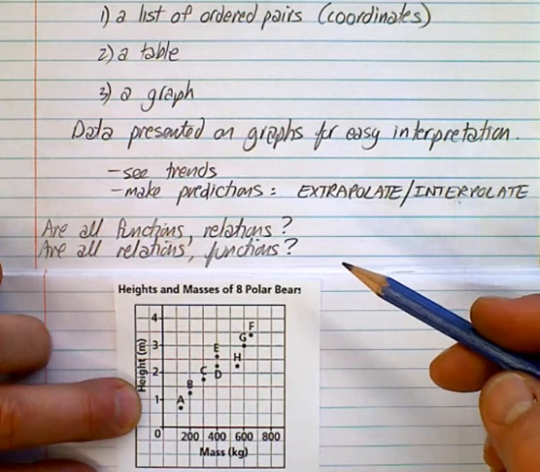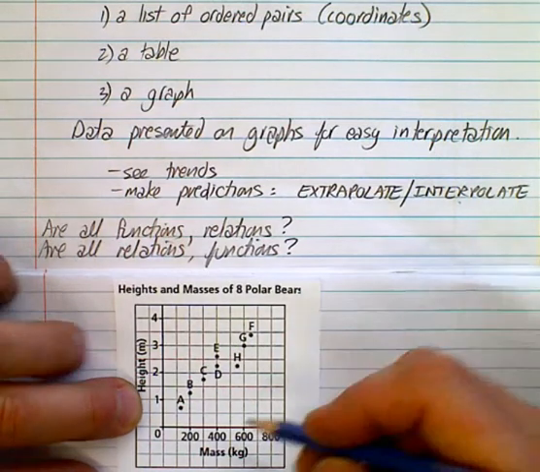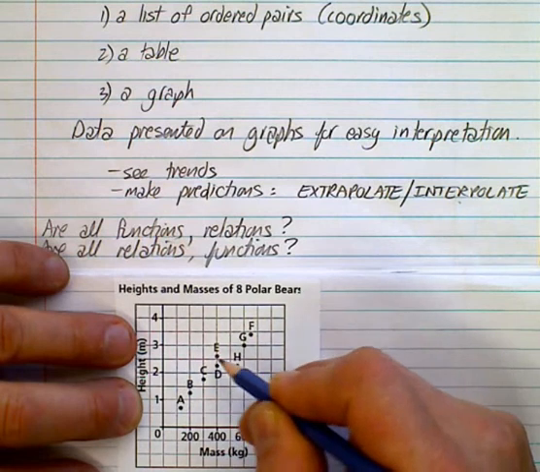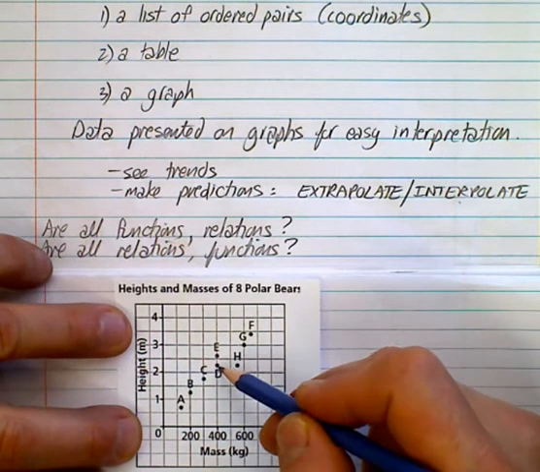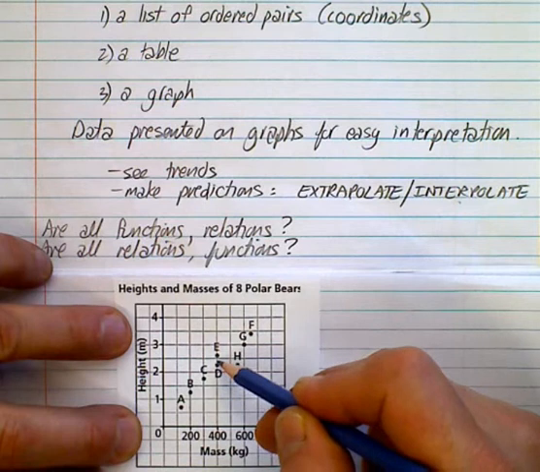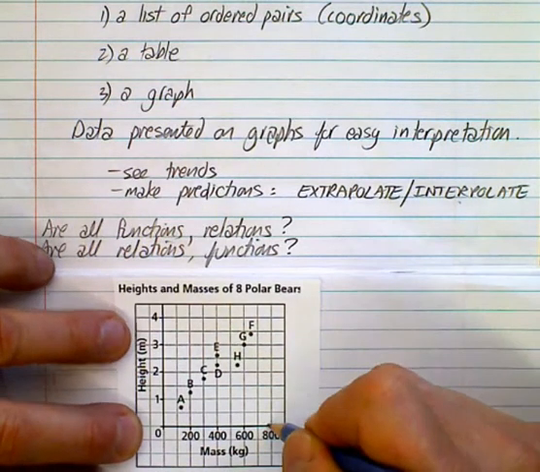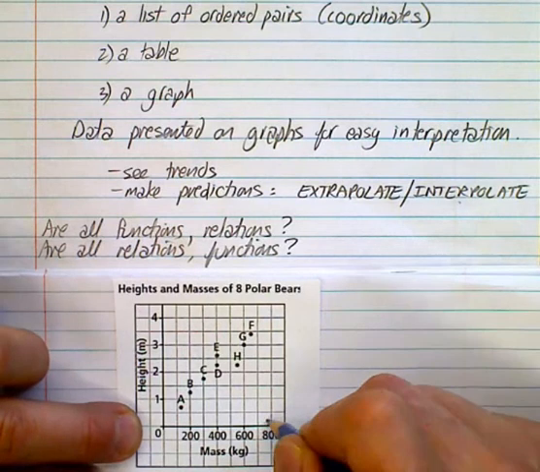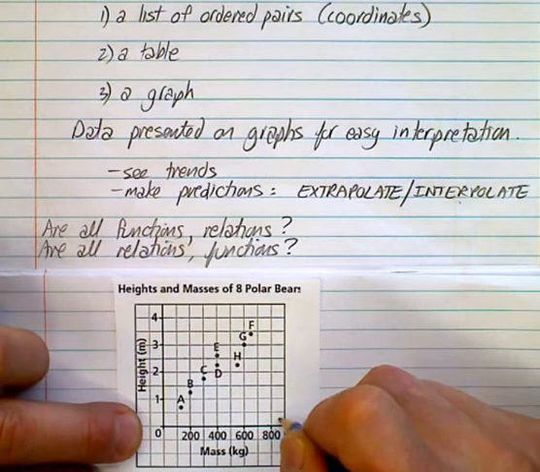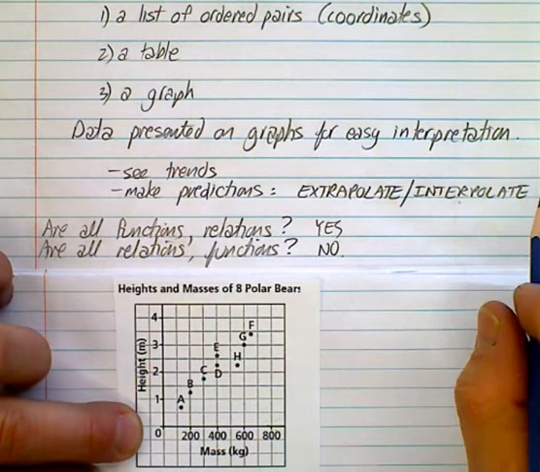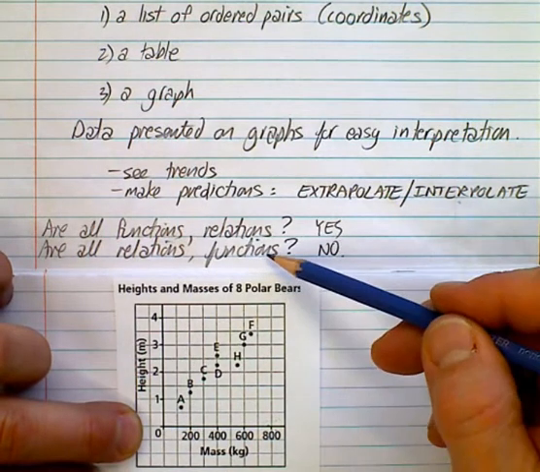But if I was going to plot this data, you'd see that there are 2 of them at 400 that have different values. The height would be 2.2 and then 2.6, but they both have a mass of 400 kilograms. So this indeed would not be a function, even though it is a relation. So yes for this and no for that, because all relations are not functions.